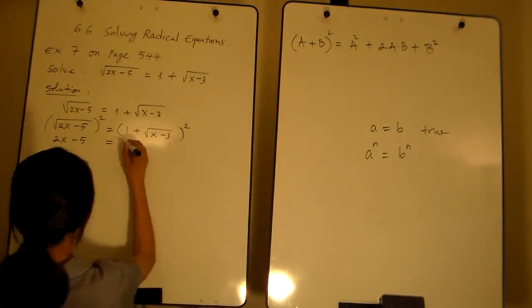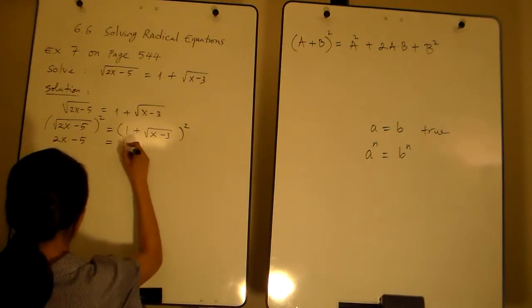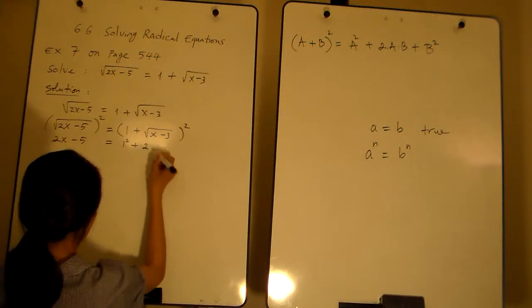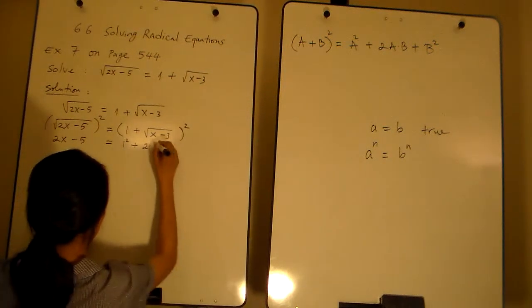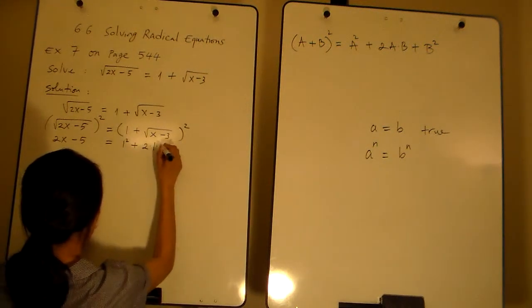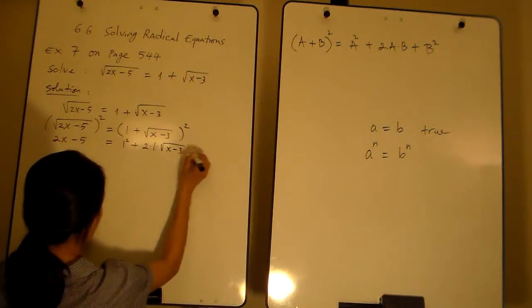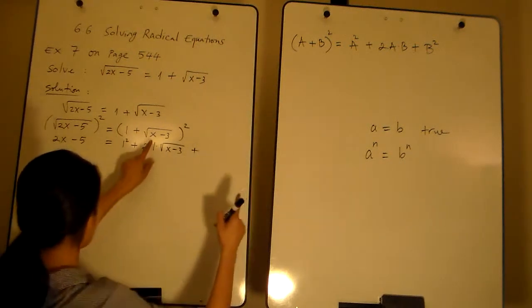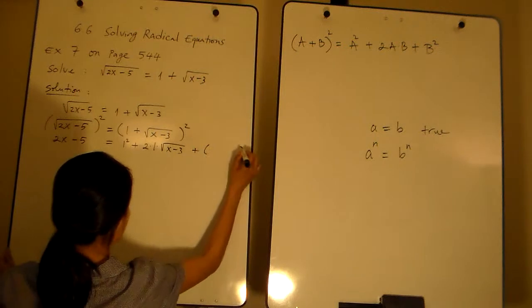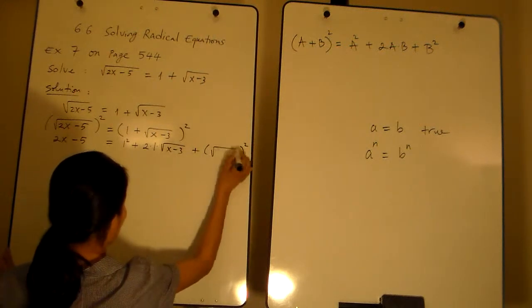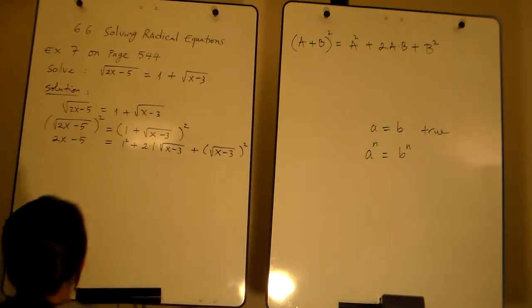I would get a squared, which is 1 squared, plus twice times a, which is 1, times b, which is the square root of x minus 3, plus b squared, which is b, the square root of x minus 3, squared.